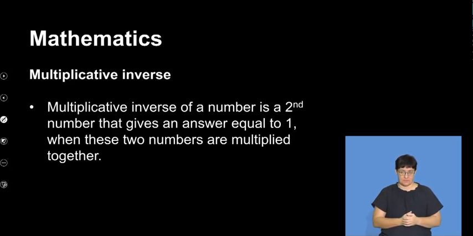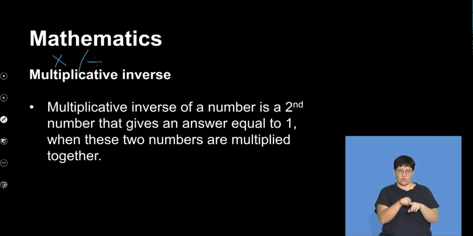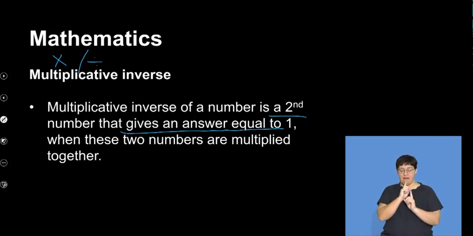We also have what we call the multiplicative inverse, right? The multiplicative inverse has to do with multiplication and division. So the multiplicative inverse of a number is the second number that gives the answer to be equal to 1 when these two numbers are multiplied together.